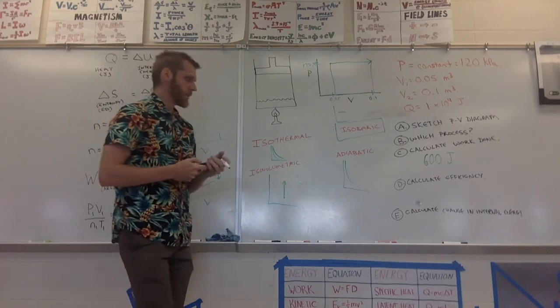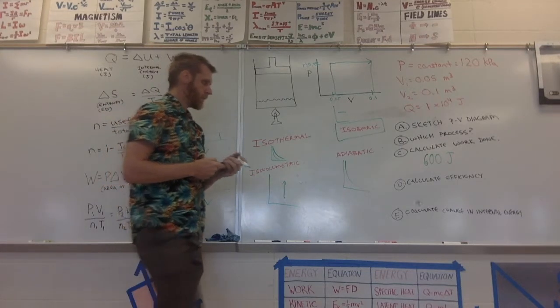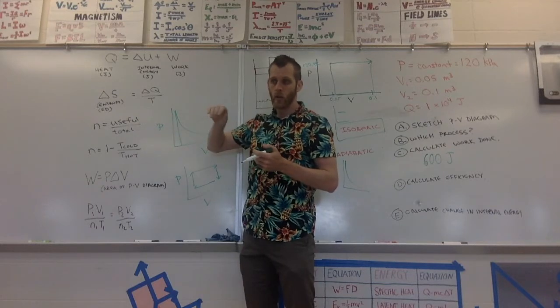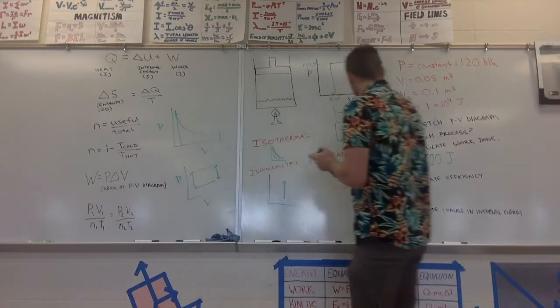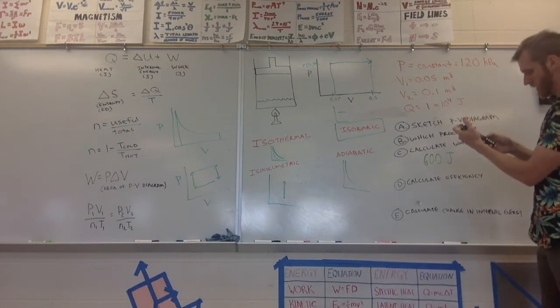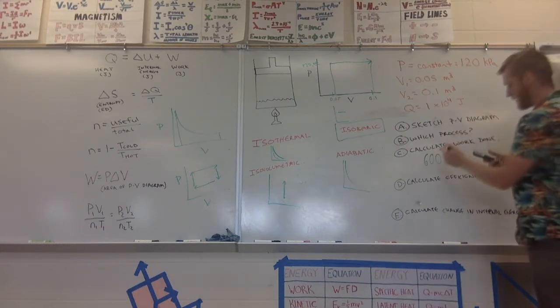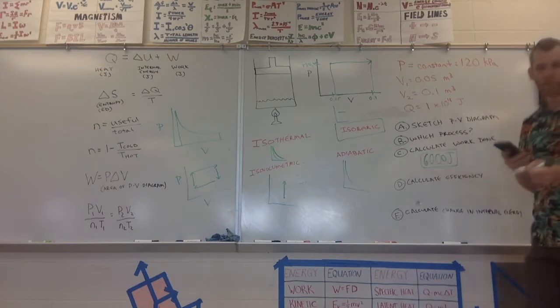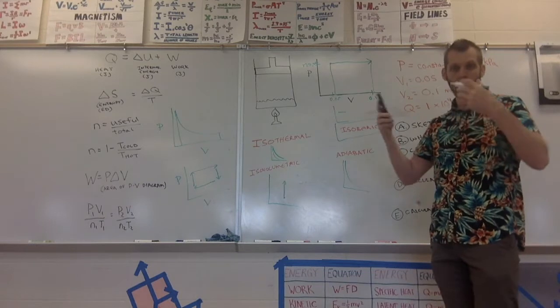Let's calculate the efficiency. Well, efficiency is my useful over total. My useful was 120,000 times 0.05, which is 6,000. That's my work, which is useful. I want to accomplish something, I did work.